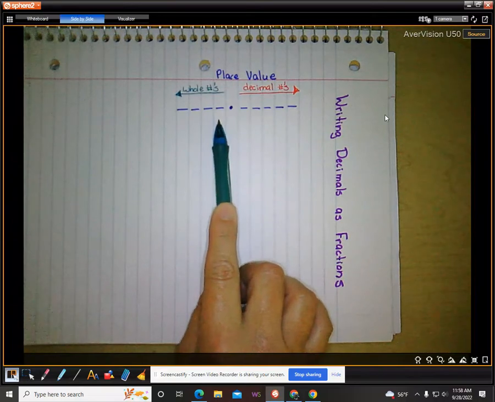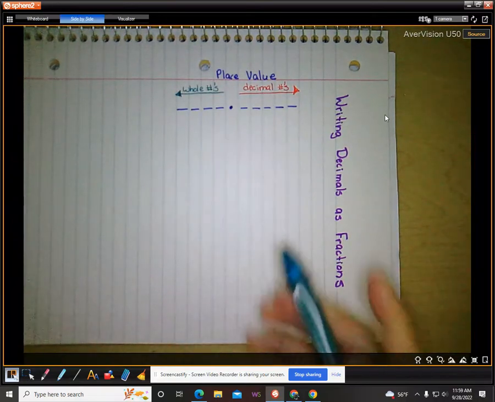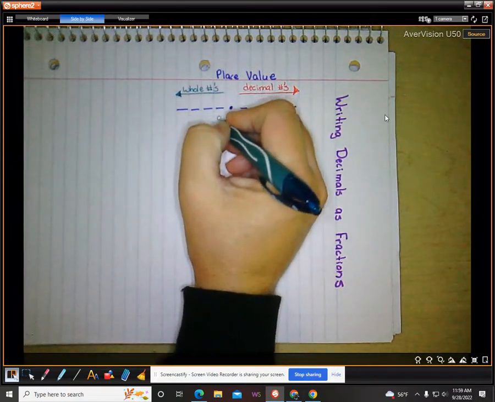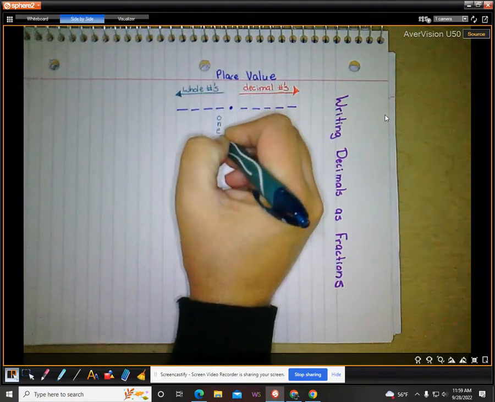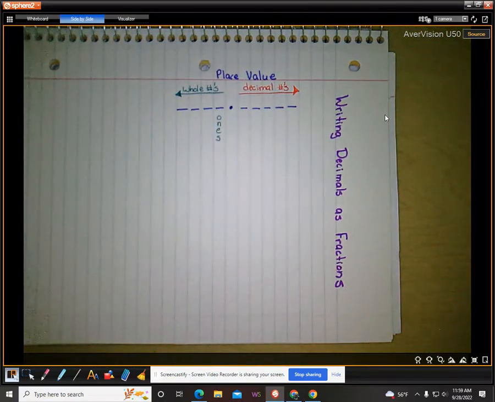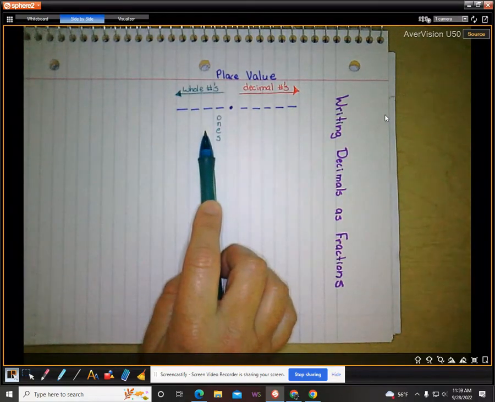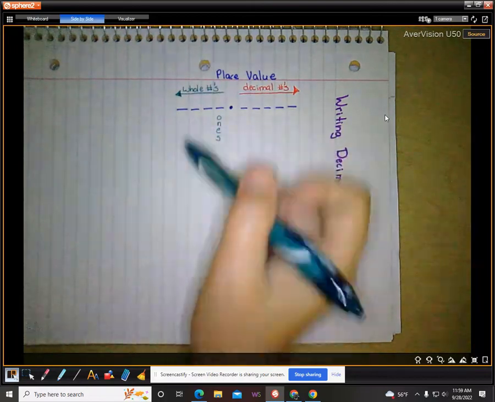Anyone remember which place value that is? Mateo? That is your ones. Yes. This is place value. What comes after our ones? Typically, these are ones we remember. Leah? The tens.